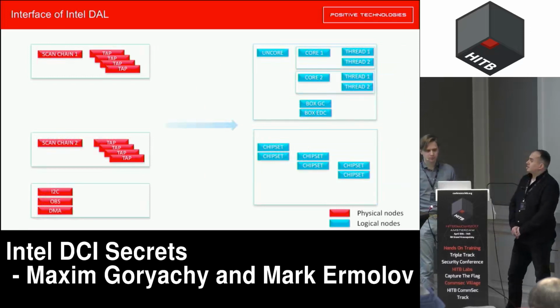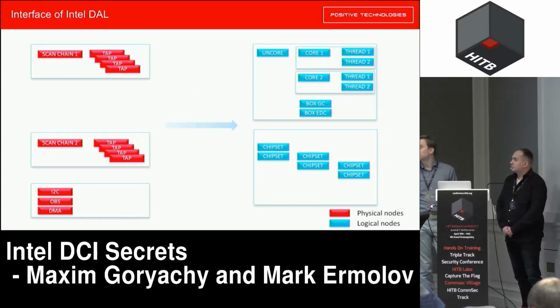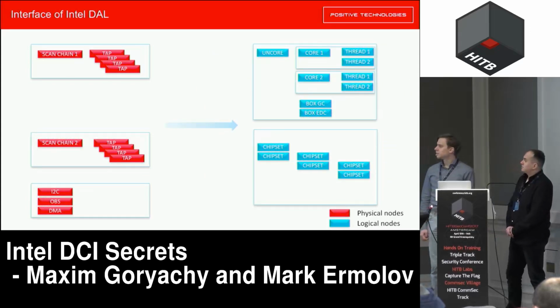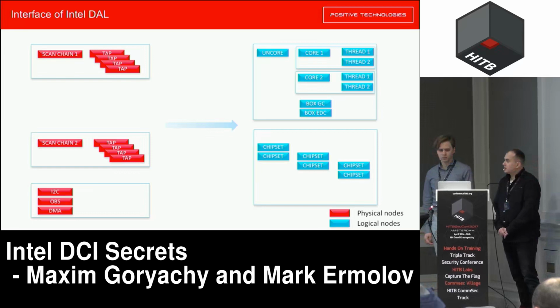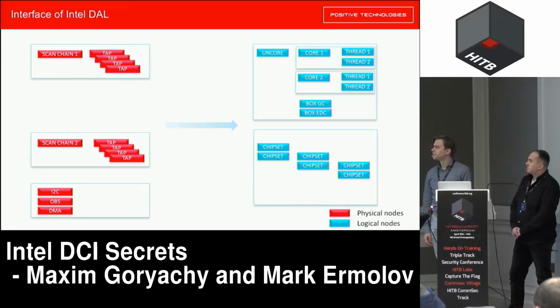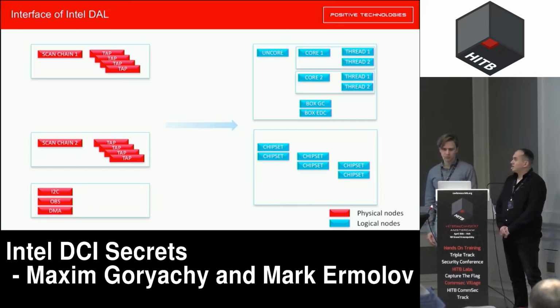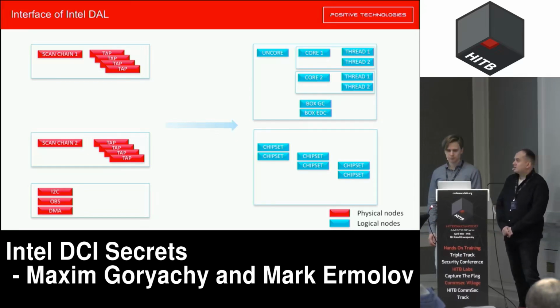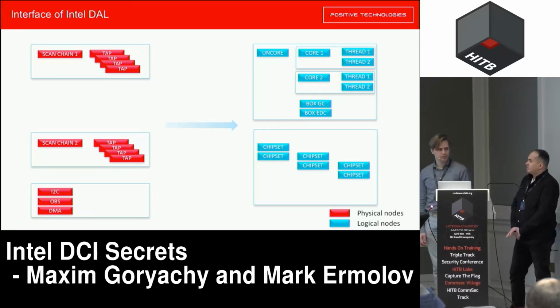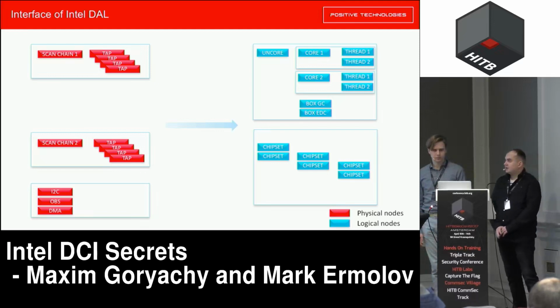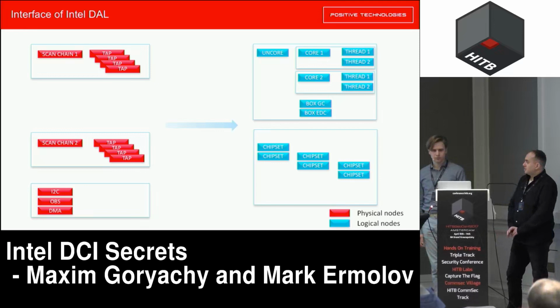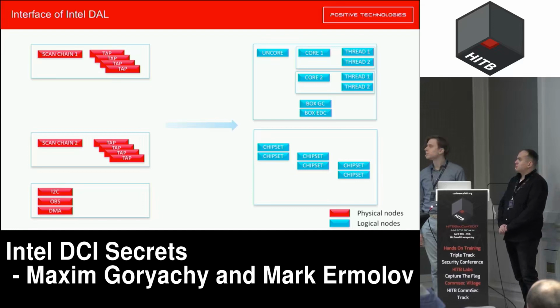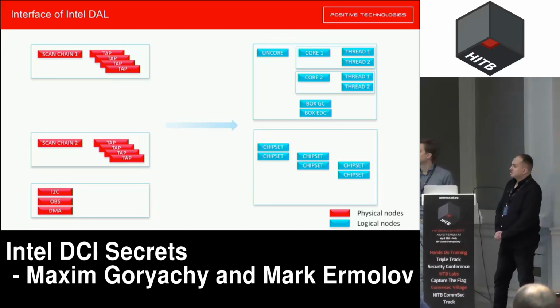DAL has a hierarchical architecture that is based on the notion of nodes. There are two types of nodes: physical nodes and logical nodes. The physical node hierarchy represents a tree of physical devices originating from the hardware probe. It includes TAP ports, I2C buses, and OBS pins.